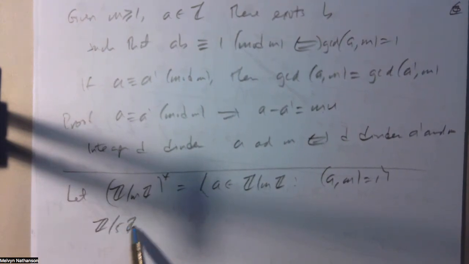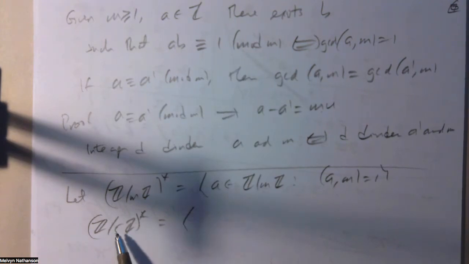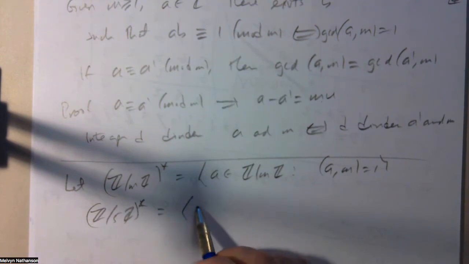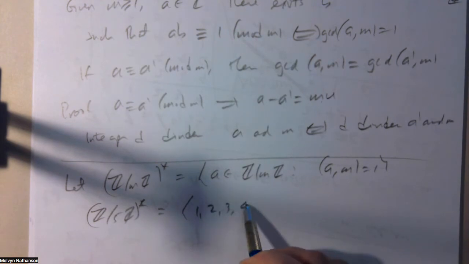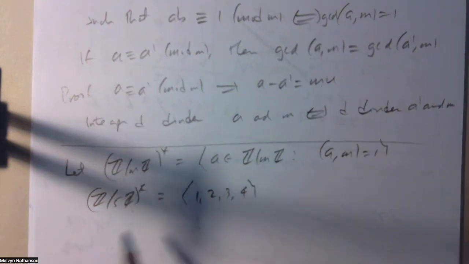So Z mod 5Z star, see, Z mod 5Z is 0, 1, 2, 3, and 4. 0 and 5 have a common divisor, but 1, 2, 3, and 4 are all relatively prime to 5. So Z mod 5Z star is the set of these 4 numbers.